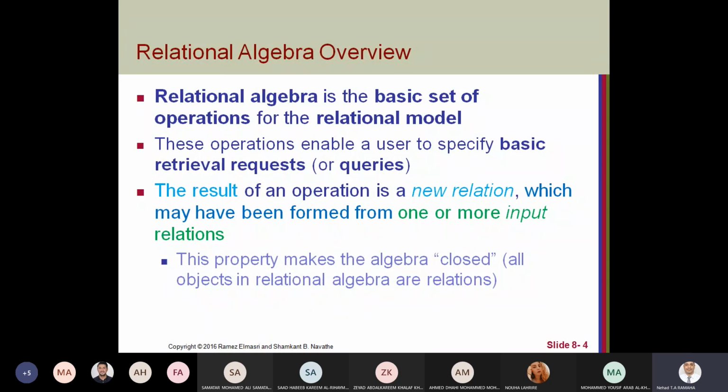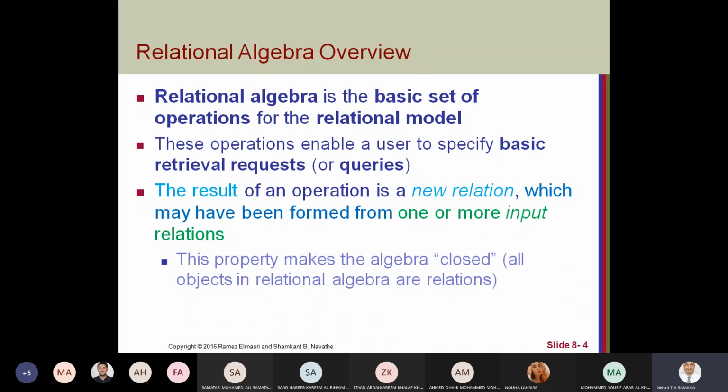The result of a relational operation, whether unary or binary, will be a new relation. For unary, it will be part of the one input relation.